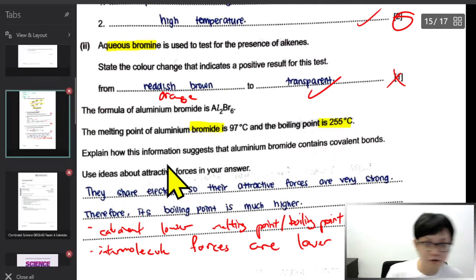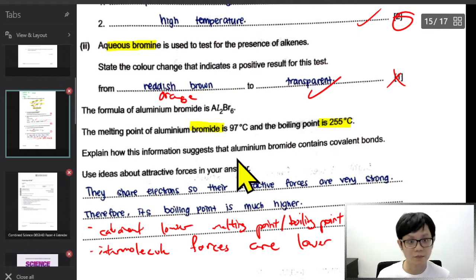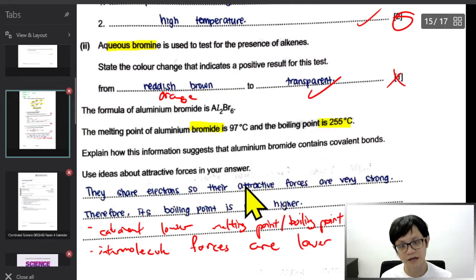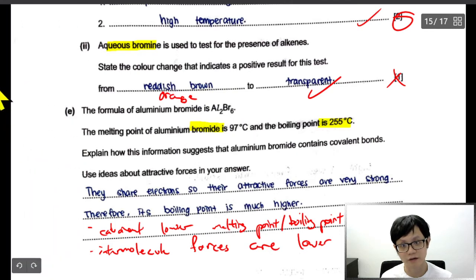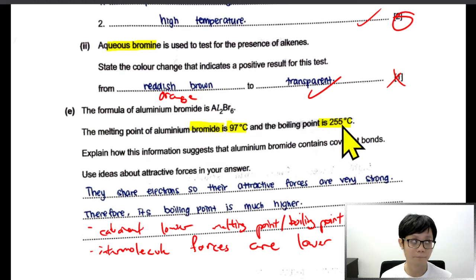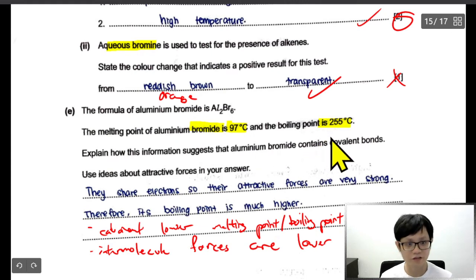Explain how this information suggests that aluminium bromide contains covalent bond. Just now I looked for a while, and the boiling point of 255 is quite low lah. If high, usually it's 1000.